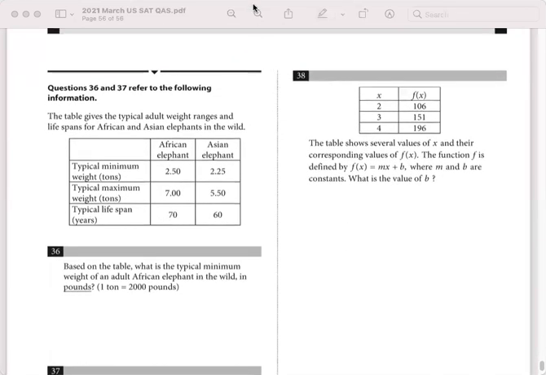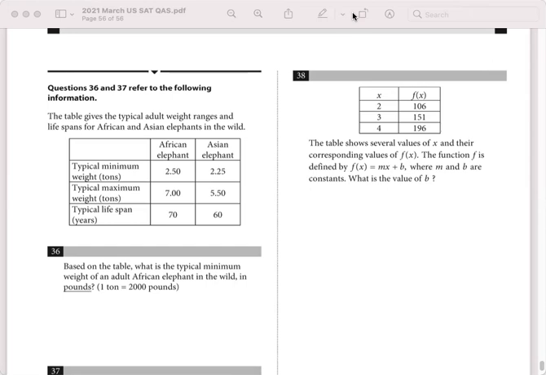36. Okay. The table gives the typical adult weight ranges and lifespans for African and Asian elephants in the wild. Based on the table, what is the typical minimum weight of an adult African elephant in the wild in pounds?